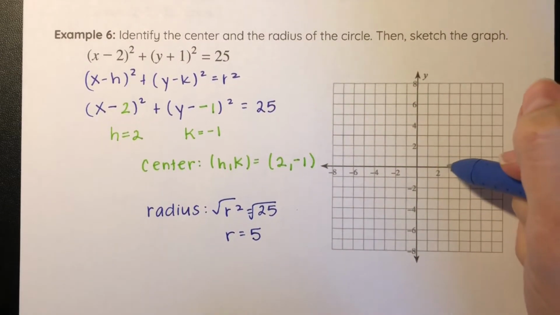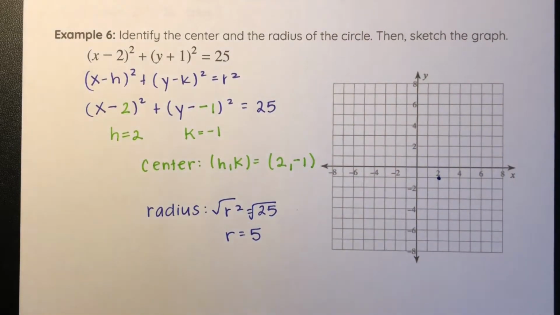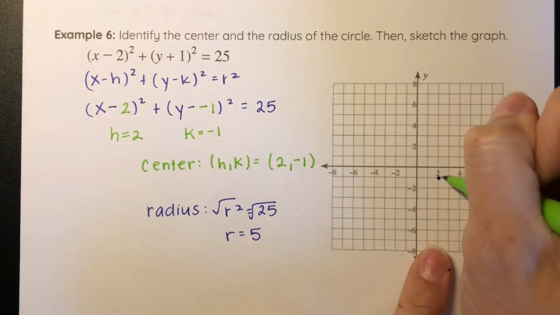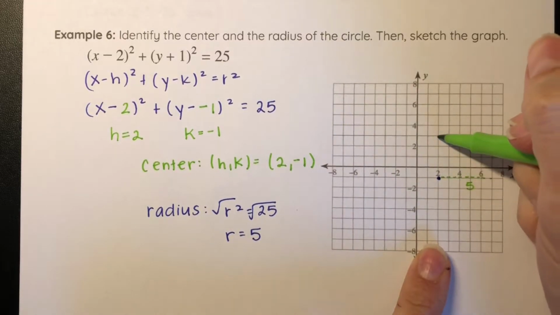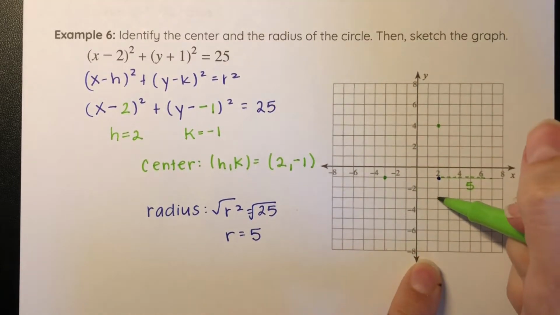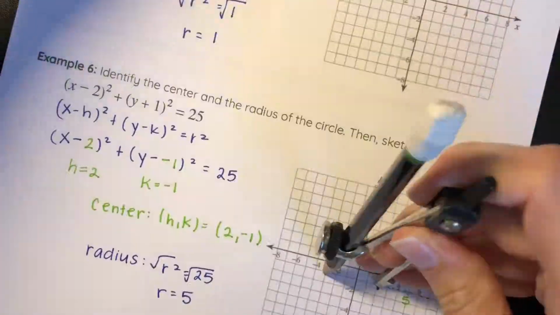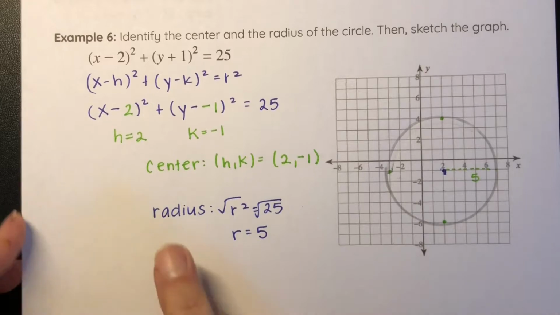So I plot that point first, 2, negative 1, and then I count my radius in all directions. So I'll count over 5, count up 5, left 5, and then down 5. So my center is 2, negative 1, radius is 5, and here is the graph of my circle.